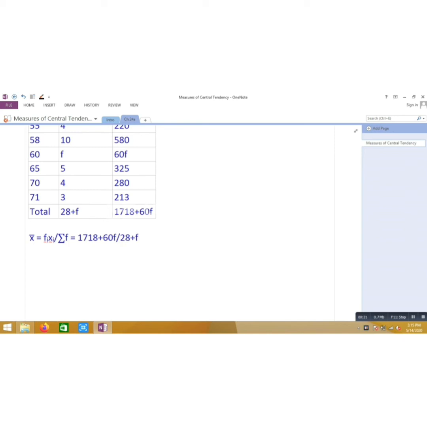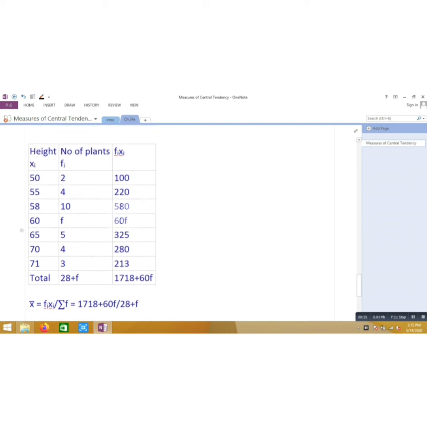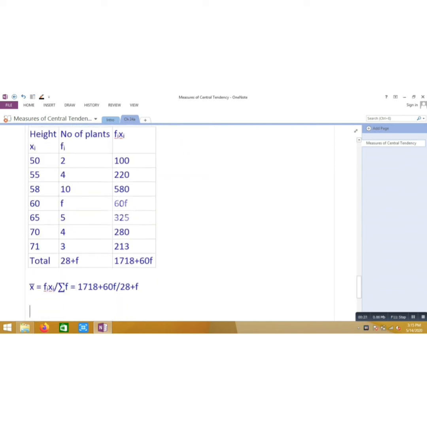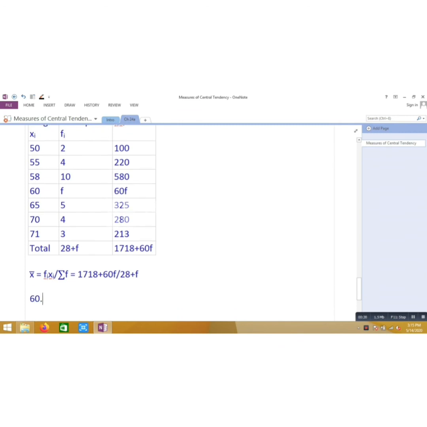here we need to find f. The mean is already given in the question, that is 60.95. So 60.95 into 28 plus f, on the left hand side, equal to 1718 plus 60f.